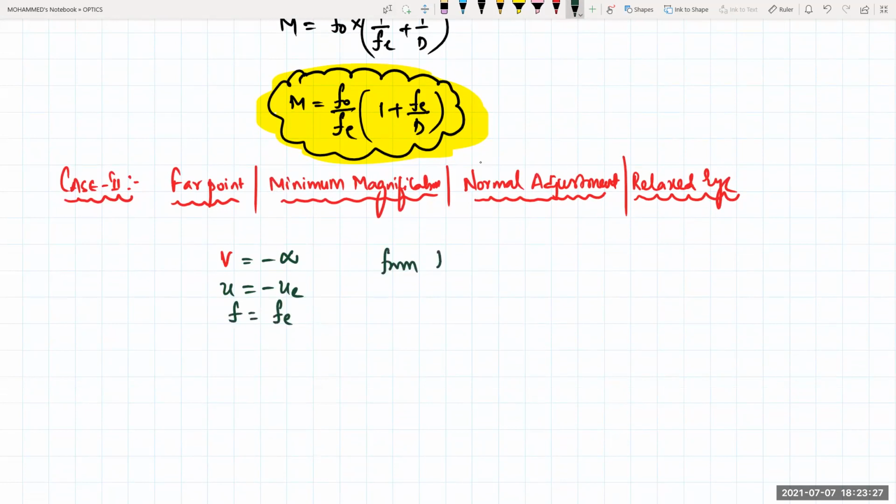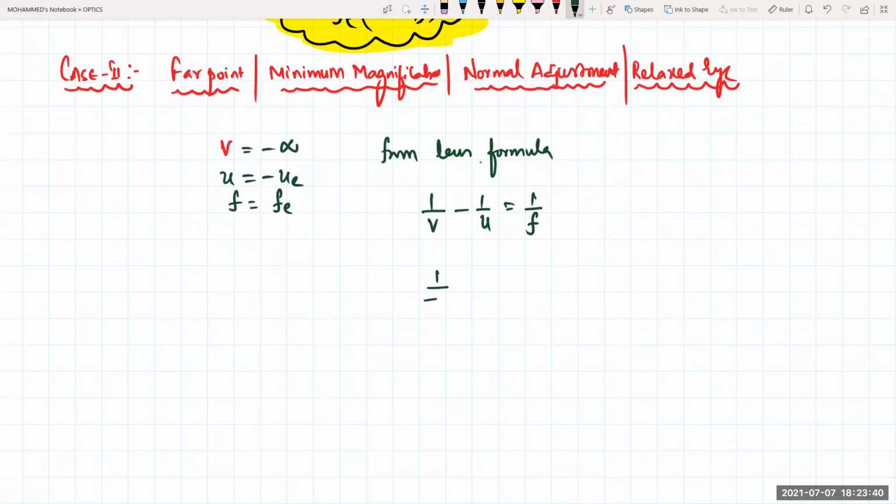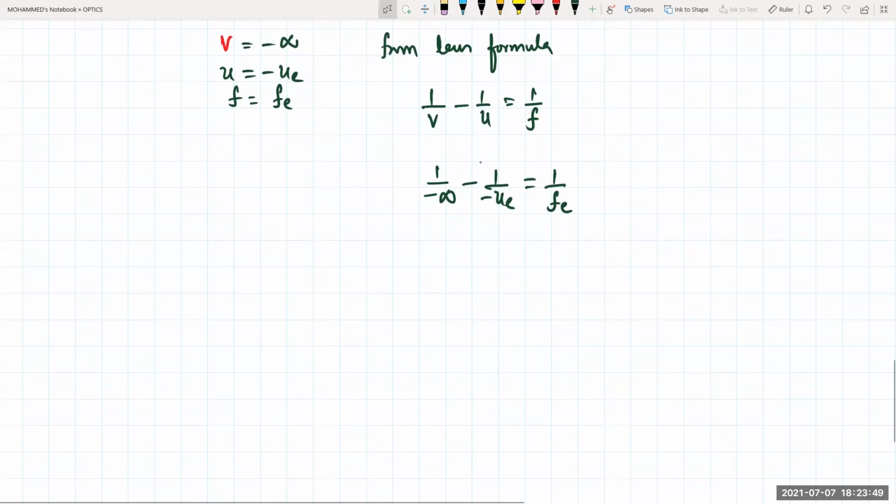So from the lens formula, we can use 1 by V minus 1 by U is equal to 1 by F. So 1 by V is 1 by minus infinity, minus 1 by minus UE, that is equal to 1 by the focal length of your eyepiece. Convex lens focal length is obviously positive. 1 by infinity is how much? 0. So minus minus is plus, so 1 by UE will be equal to 1 by FE.